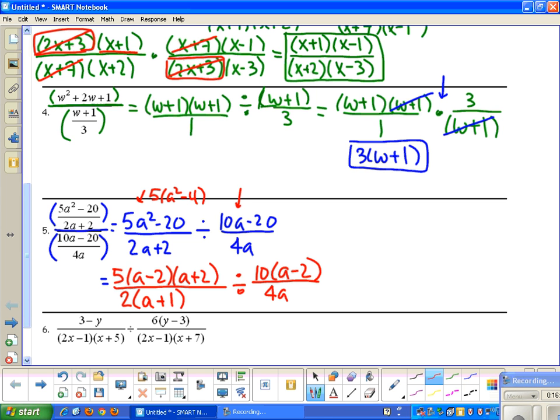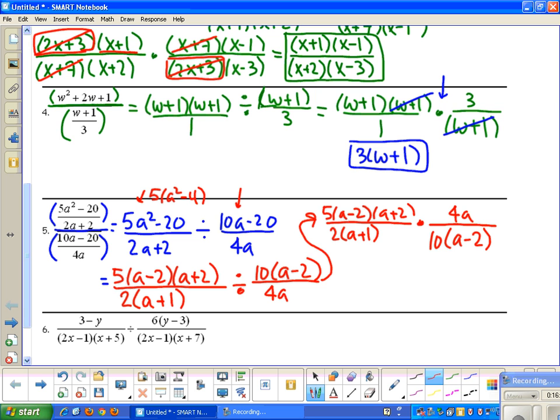Now remember, I don't want to leave my equation like this. I want to flip my second term because it's division and we want to change it into multiplication. So I'm going to do that up here. I'm going to rewrite it 5 times a minus 2 times a plus 2 divided by 2 times a plus 1, and then multiplied by 4a over 10 times a minus 2.